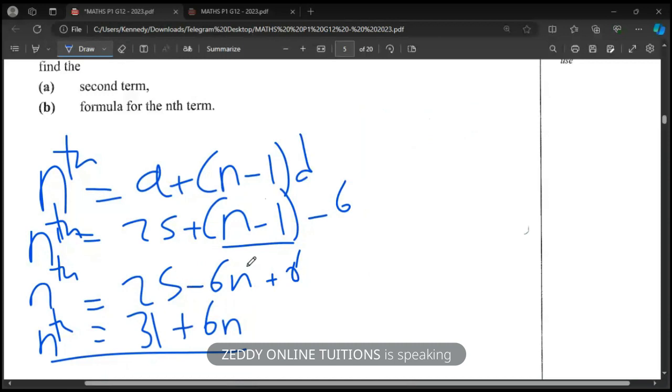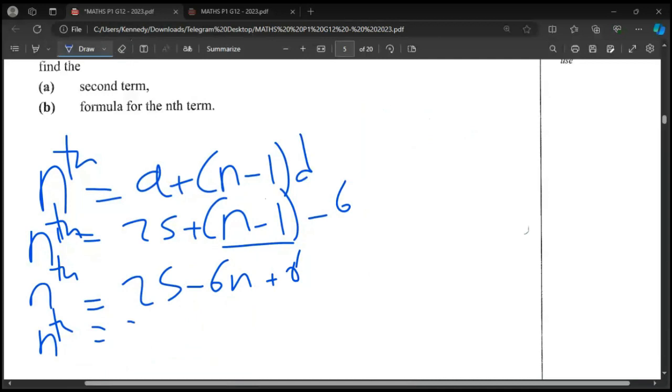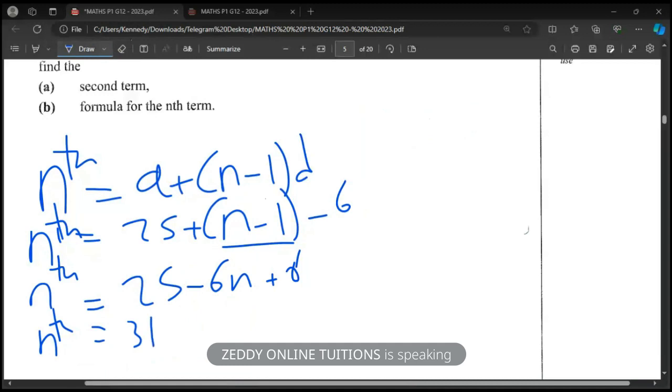So let's put a negative there, which simply means that this changes everything from here. So it will not be that. Let's go: 25 plus that, it will still be 31, right? It will still be 31, now it will be minus 6n, right?